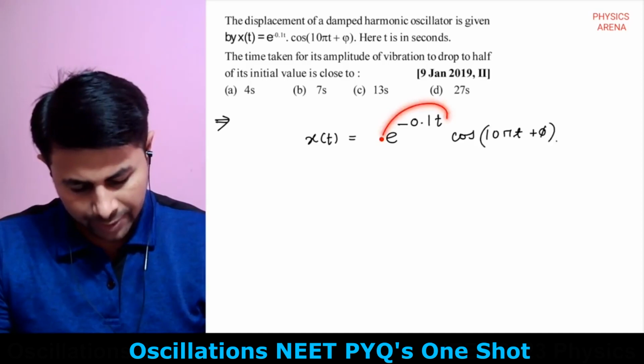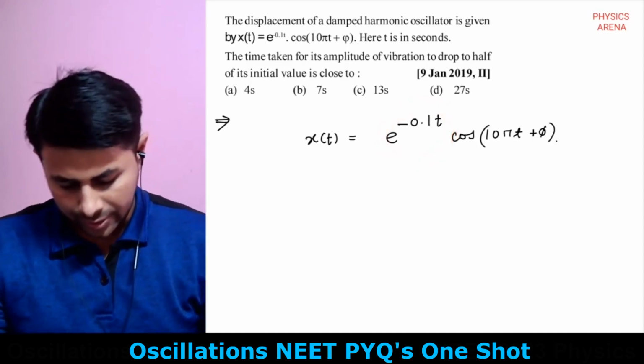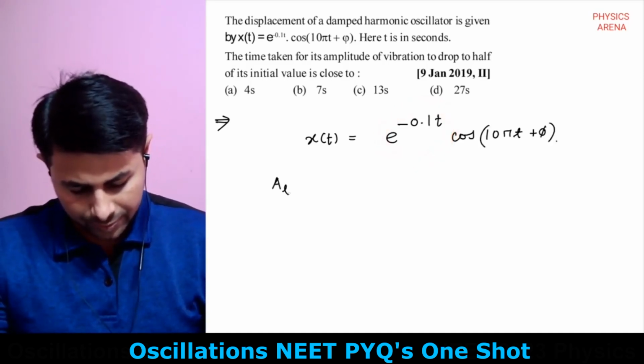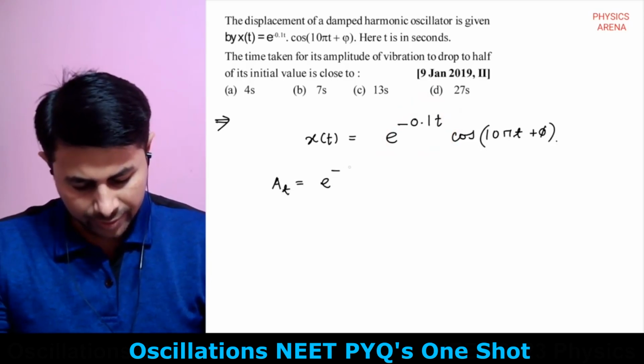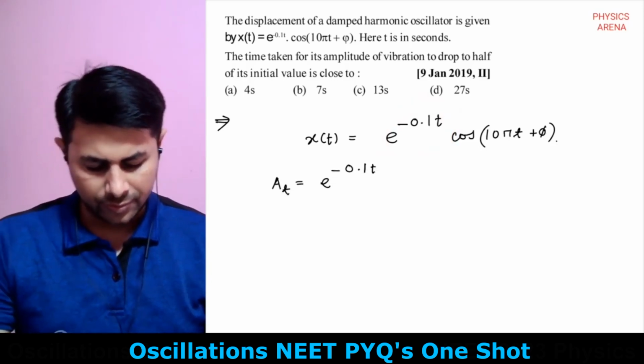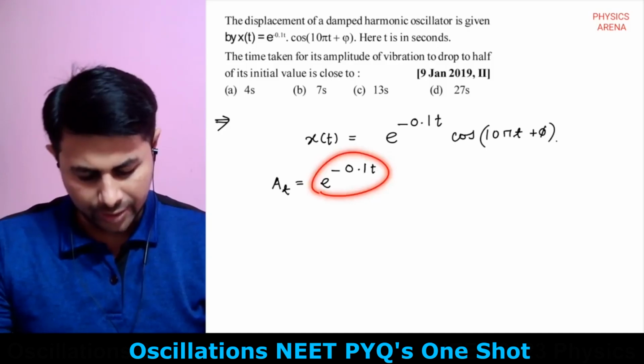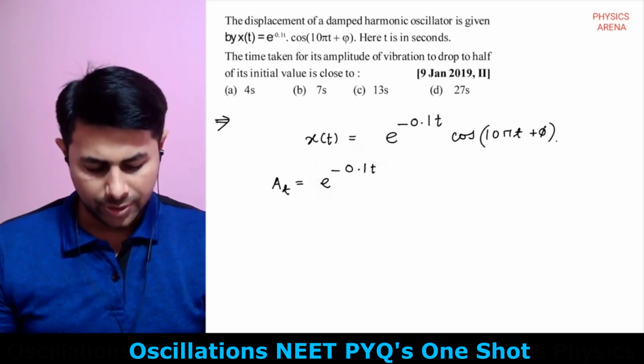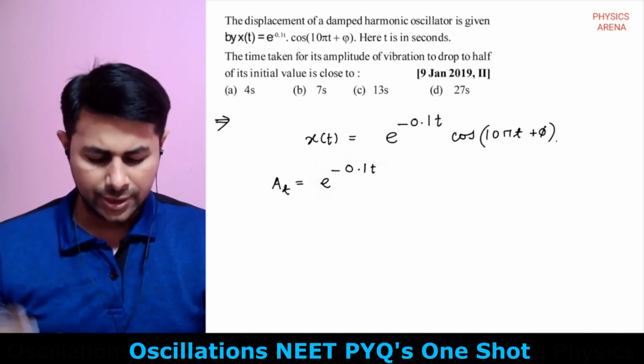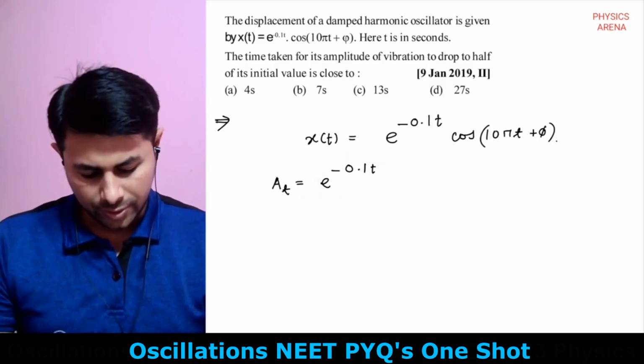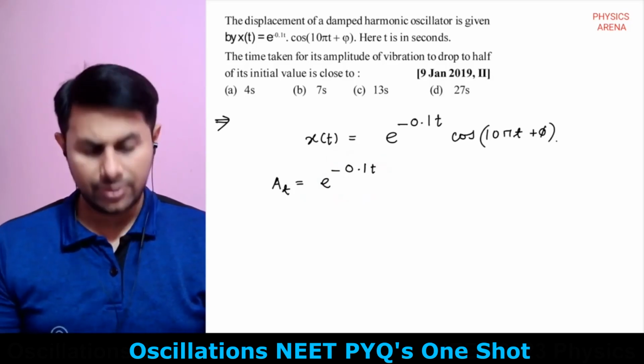Okay, so what is the amplitude? This is the amplitude, right? So the amplitude is given by e raised to minus 0.1 t, and this becomes half. It drops to half of its initial value. So how much is the initial value?